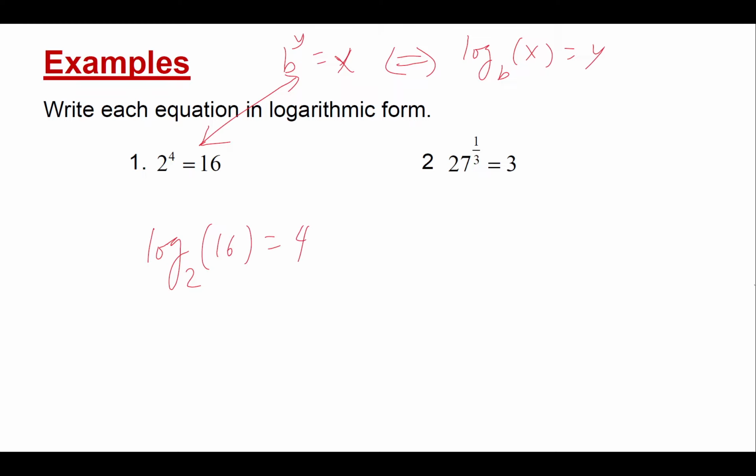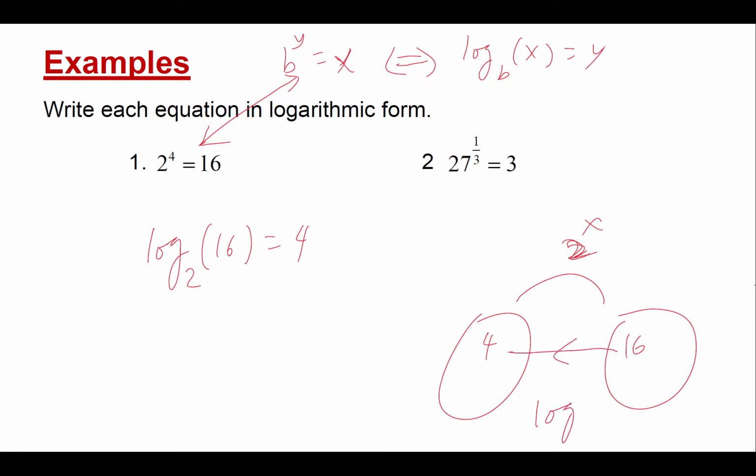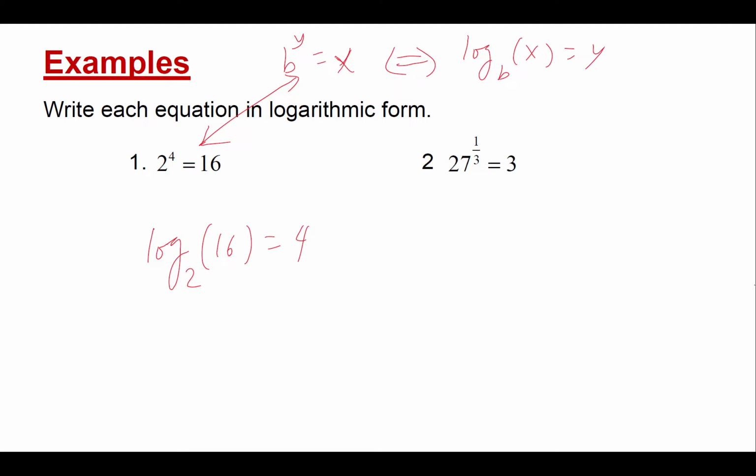Another way of visualizing this is, if you are looking at the exponential function 2 to the power x, for 4 it gives you 16, and by going back, which will be log base 2 of 16, that will be 4. Make sense? So we can always go from exponential to log and log to exponential. Here, by doing the same thing, we can go to the log expression. Log base 27 of 3 is 1/3.